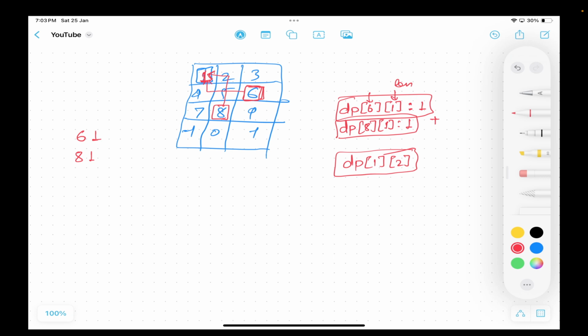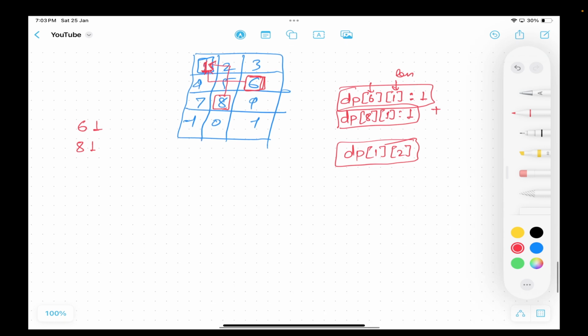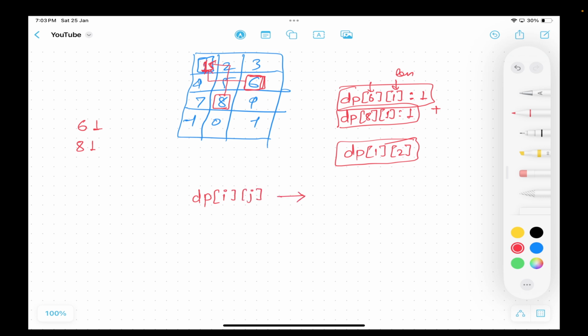These are the states that are interdependent. In general terms, if you want to know DP of i and j, you can append this i to all those phone numbers which are of length j minus 1.